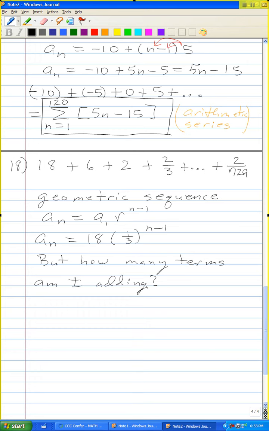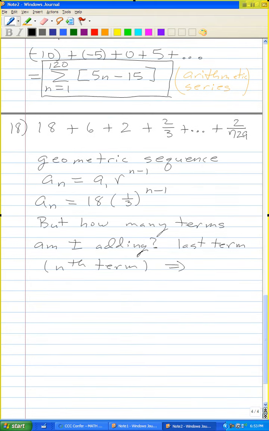Okay. So I don't know how many terms I'm adding. And so let's look at the last term, the nth term. I know that the last term here is equal to 2 over 729.